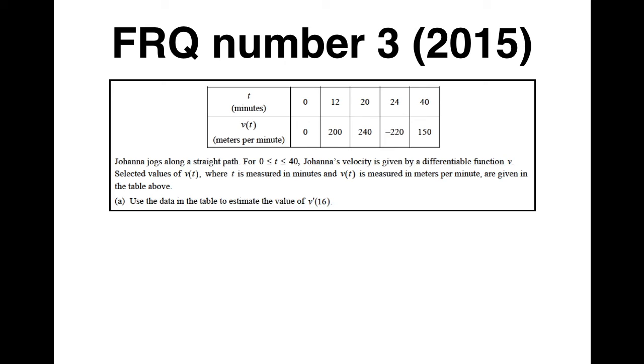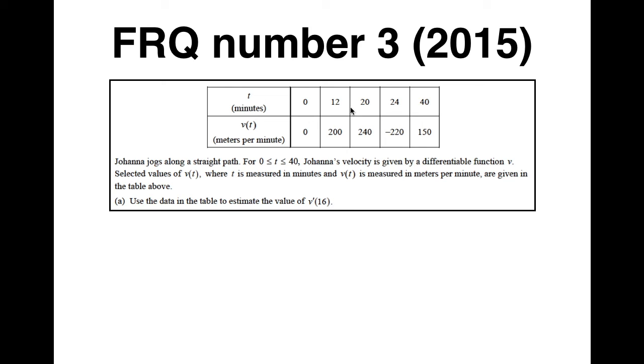Question A. Use the data in the table to estimate the value of v prime of 16. If we look at the table, t equals 16 doesn't appear here, so how could we even find the derivative at t equals 16?